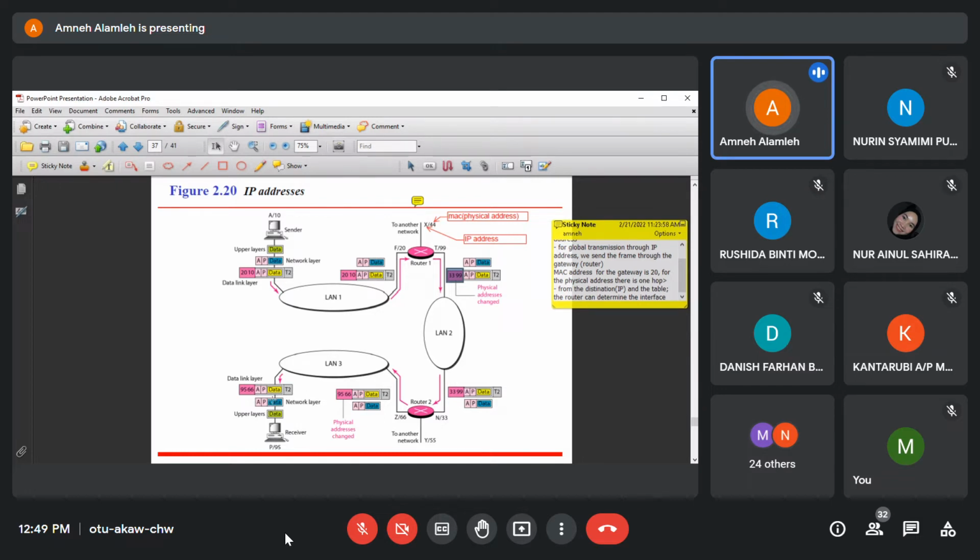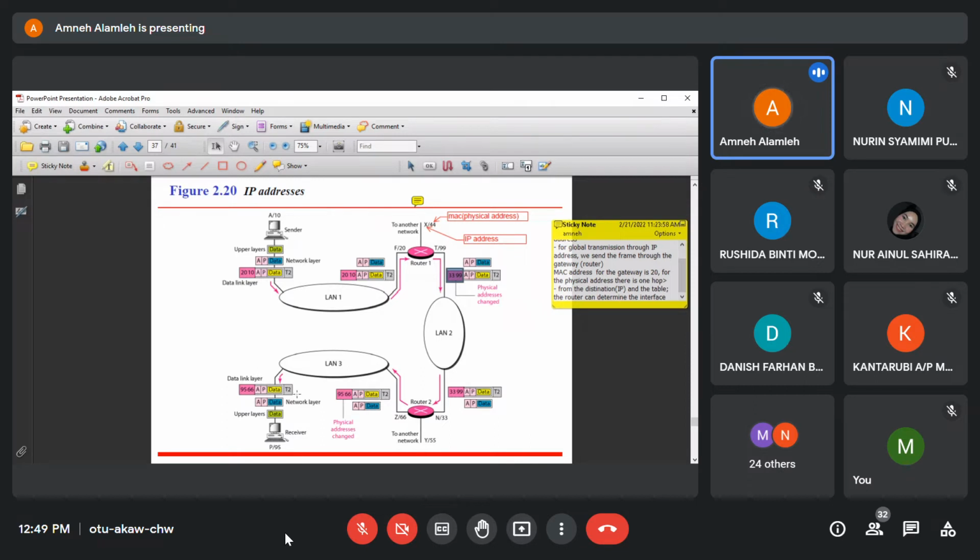So the IP address cannot be changed, but the physical address can be changed. And how many hops does the data take? It can take 1, 2, 3, 4, 5. It can have 10 hops. It depends on where the sender and the destination or receiver are.